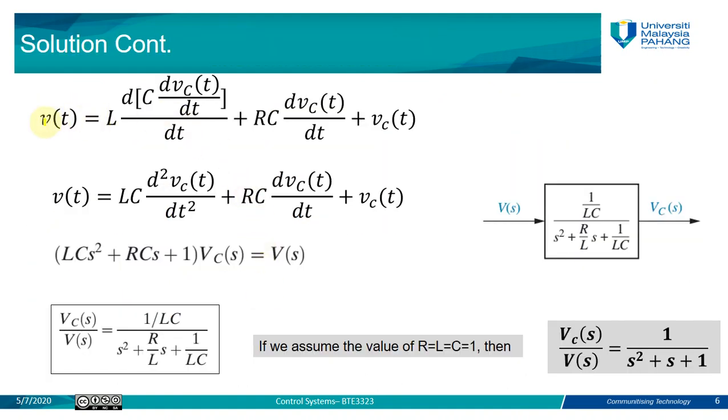The equation still has Vt and VCT because we need to see them. We only replace the value of I of t, which is replaced by C dVCT over dt.